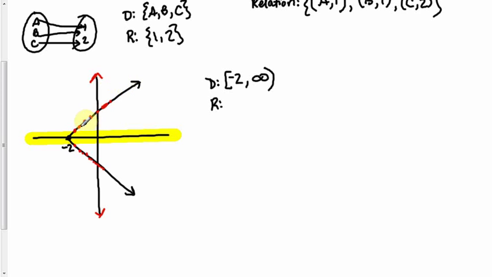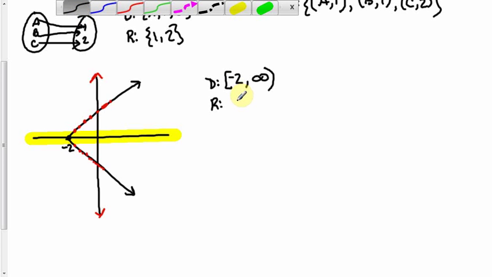Every number on this y-axis is going to somewhere correspond to a point on that graph, isn't it? All of these numbers in here, 0, 1, 2, 3, 3.2, it's going to be somewhere on this graph.